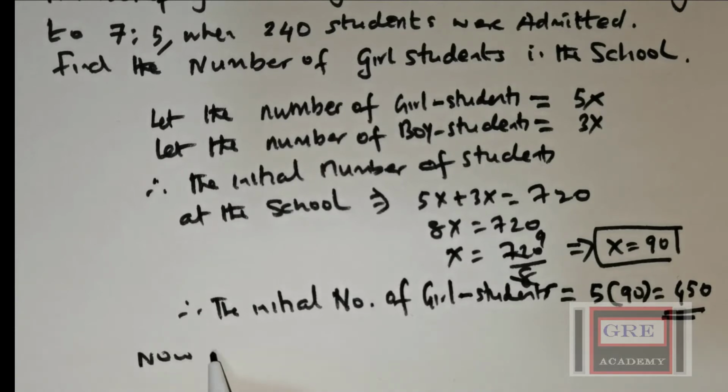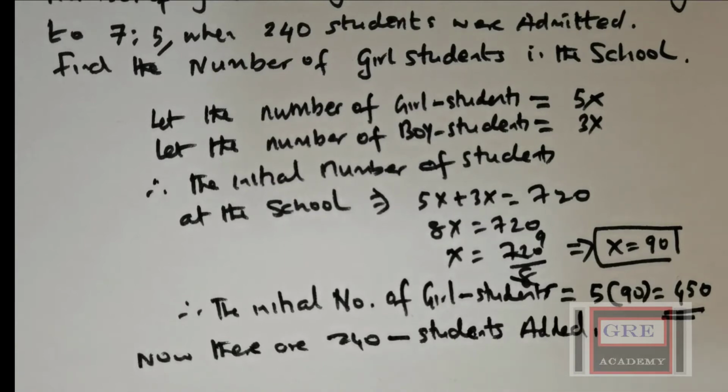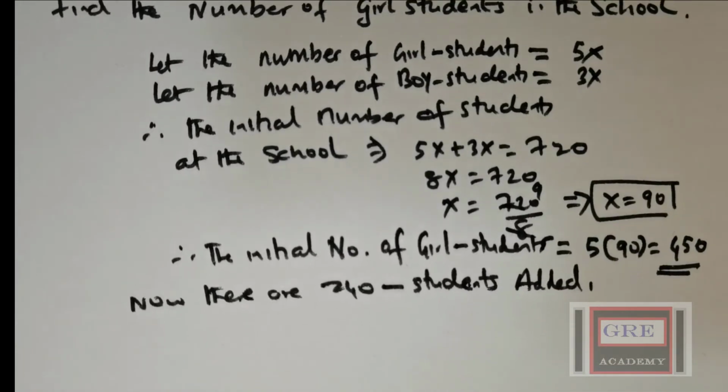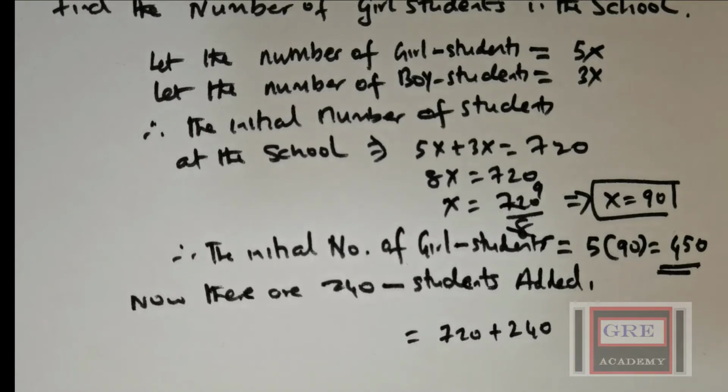Now there are 240 students added. Okay, so that means the ratio changes. 720 are the initial number of students. Now 240 students are being added, and the ratio changes to 7:5.